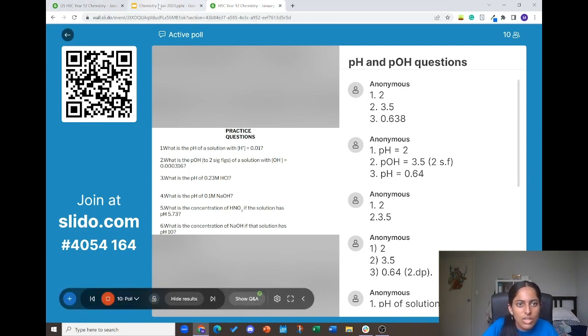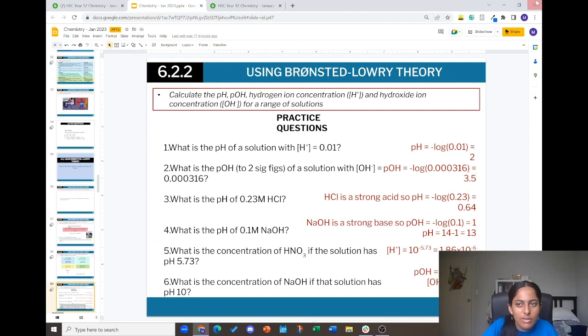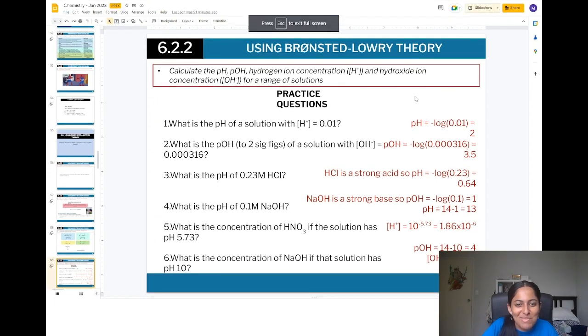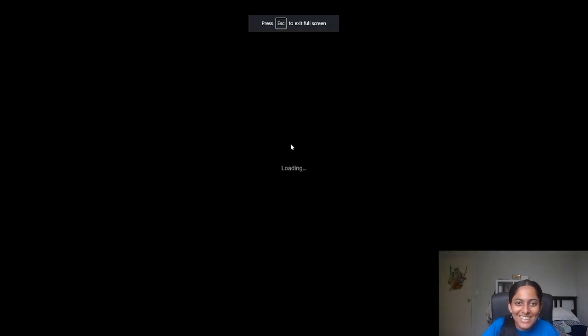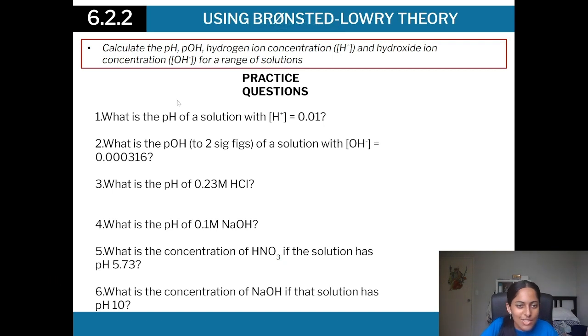So let's go through each one of them. I know the answers are up there, but it doesn't matter. The first one's asking, what is the pH of a solution with H+ being 0.01? It doesn't matter if it's H+ in a question, just make sure when you're explaining it, you don't write H+. Hopefully that makes sense.